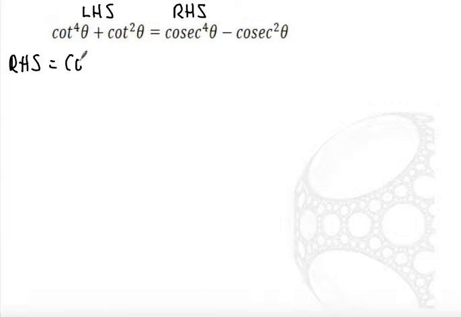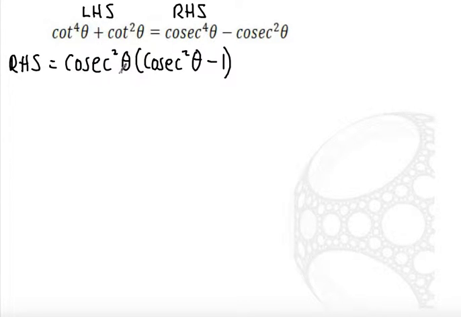So this becomes cosec squared theta, and what's left inside the bracket is cosec squared theta minus 1. Sorry, I'm skipping ahead there, I'm not factorising correctly. There's not much else I can do here. I could have factorised the left hand side, and that's a different approach.